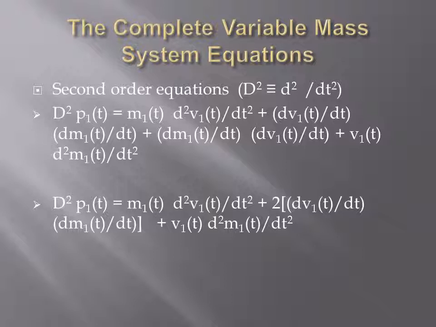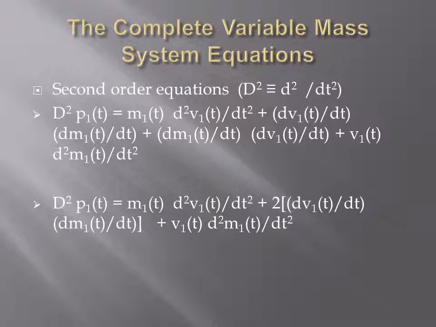The second derivative of the momentum with respect to time will result in the mass times the second derivative of velocity, plus the derivative of velocity times the derivative of mass, plus the derivative of mass times the derivative of velocity, plus the velocity times the second derivative of mass.